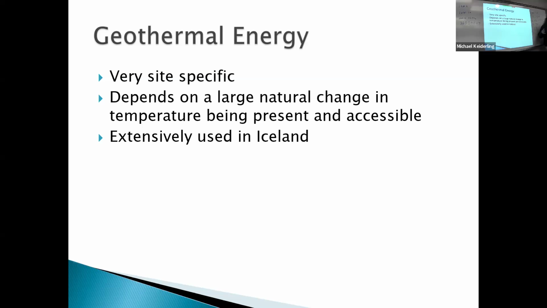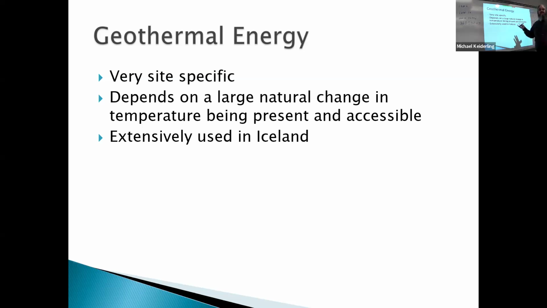Or Hawaii is a good place, because again, there's an upwelling of hot magma there, so there's going to be a big temperature difference. But in theory, it could work in lots of places. But the cost to drill is expensive, and you need to know it's going to be a big temperature difference because it costs a lot for startup.